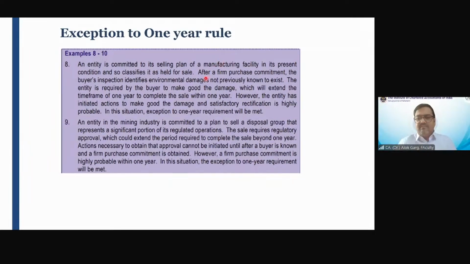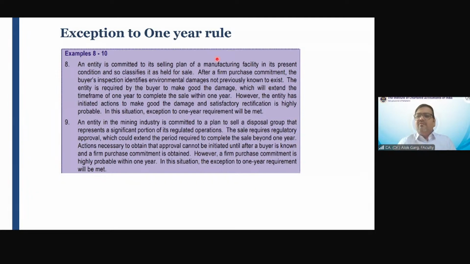Any other question? Abrakesh, do you have any question? Sir, it is regarding the initial part. May I ask? Yeah, please. Sir, you have given the example of Maruti. For them, cars are inventories. Now, suppose a certain fleet of cars Maruti has kept for their business, office purpose. Then it is PPE. And now it has again become held for sale. Where do they classify it, as inventory, or below the current, non-current assets held for sale?